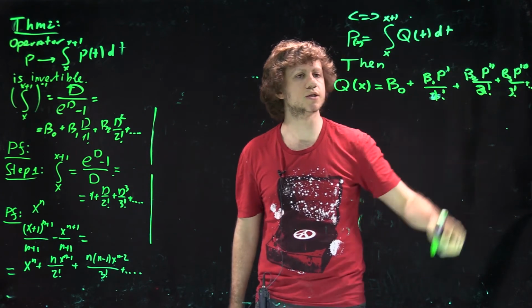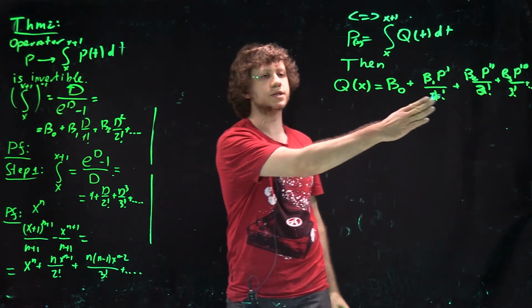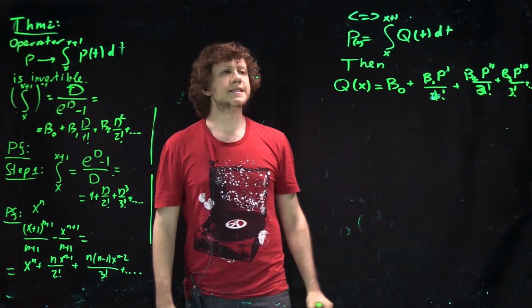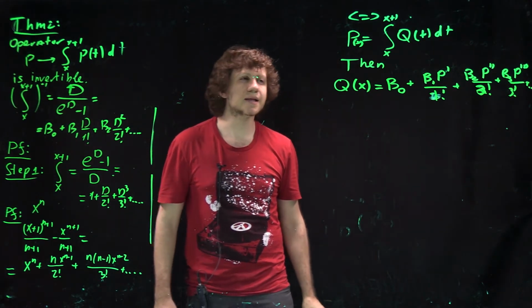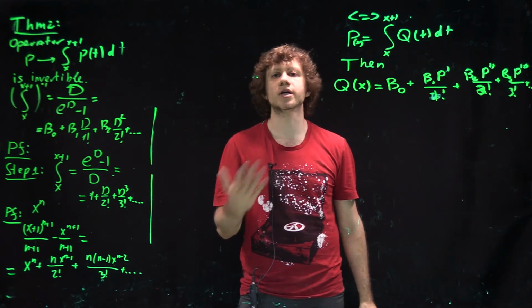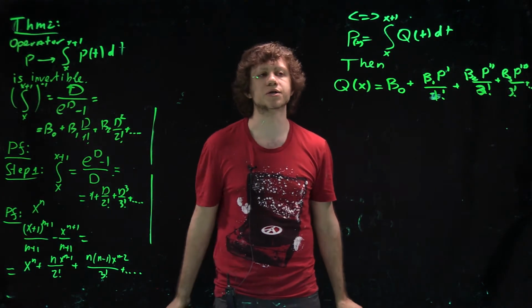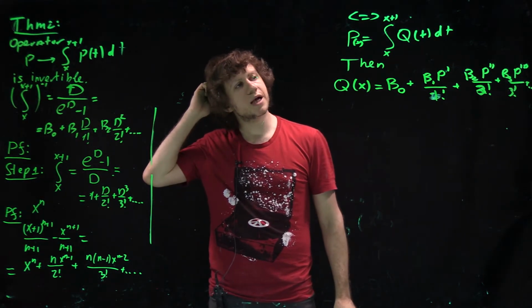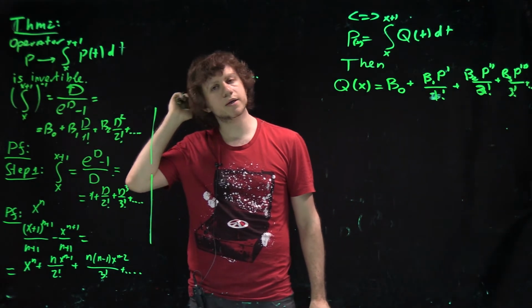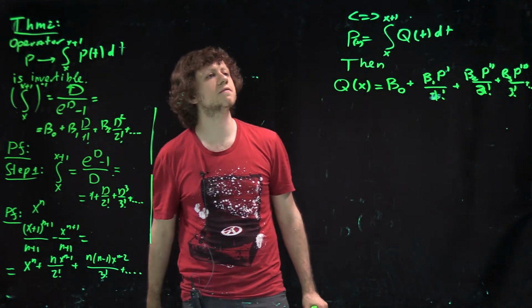And again, this vanishes when we take more derivatives than the degree of P. This is very interesting because in analysis, you know that differentiation and integration are inverse operations. But apparently, if you apply them just to polynomials, you can say something very precise.